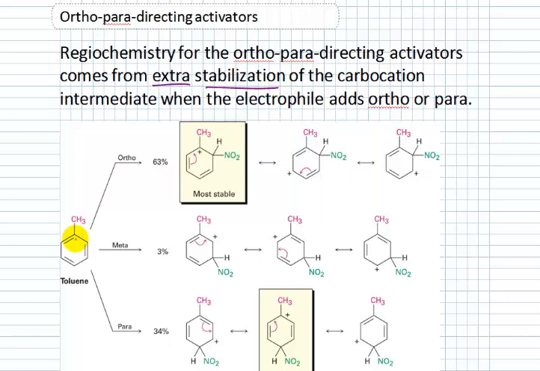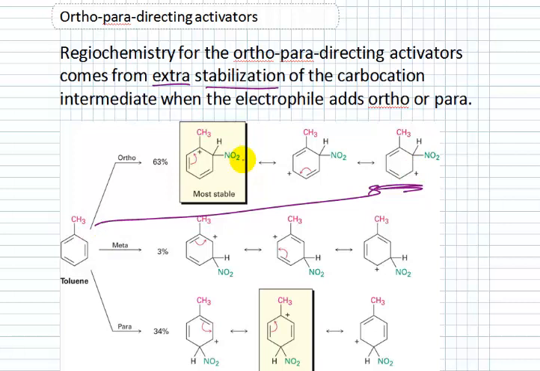In this case, we're nitrating, but this applies equally to any electrophile that adds to something like toluene. So if I add ortho, this is the first resonance structure we would get, just so you can follow along. Okay, this pair of electrons here would attack, and I'd have a positive charge, which can be translated throughout the ring.